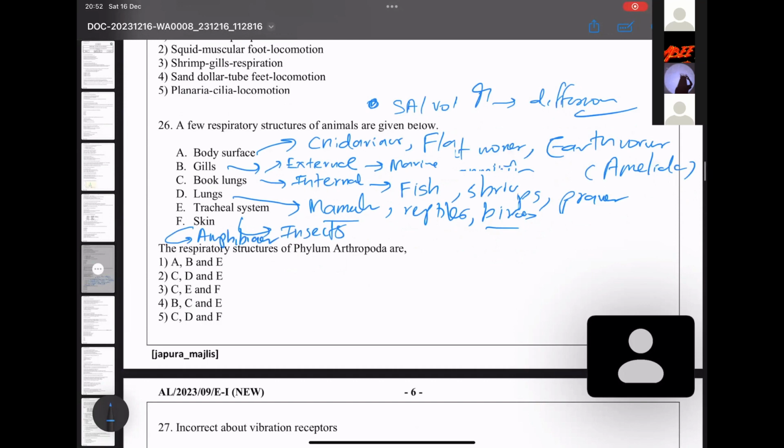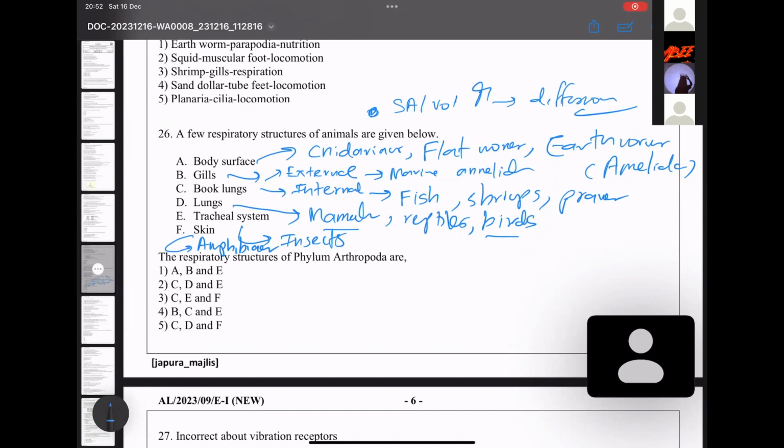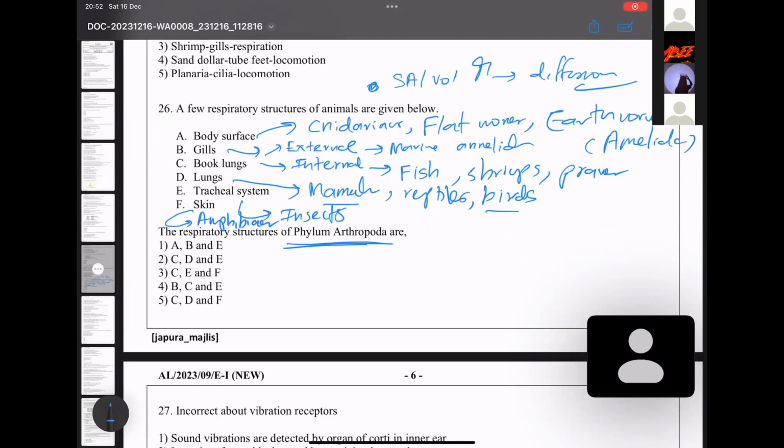Then they ask which respiratory structures phylum Arthropoda have. Arthropoda means insects and that kind of animal. So what's the answer here? Gills. Arthropods have several legs, and here gills means internal gills. Then book lungs, I think I missed it. Book lungs are in spiders.